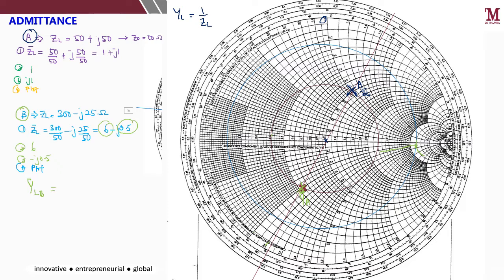So this is your point B. The admittance will be on the opposite side. You draw the line from the center, crossing the impedance point, and then extend the line to the other end. So you will get your admittance here, so YL at point B. So that's basically the admittance.